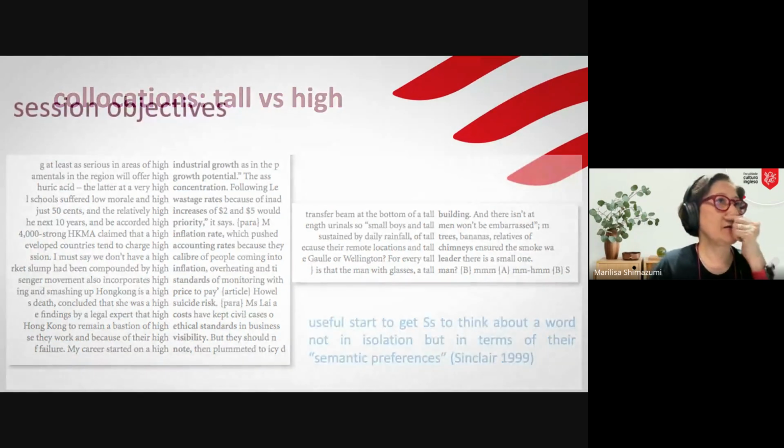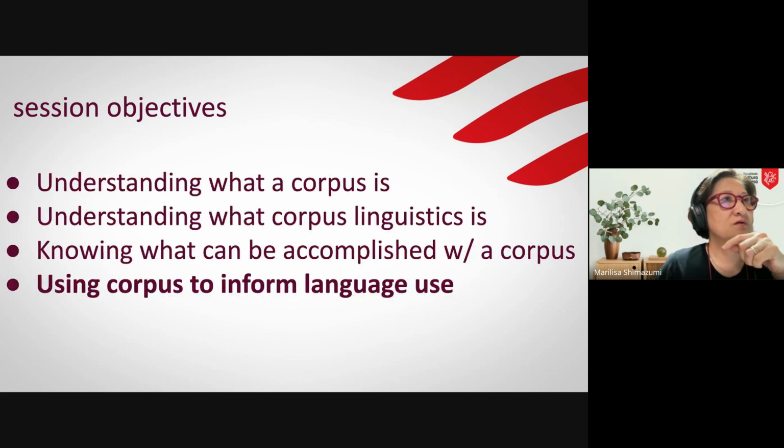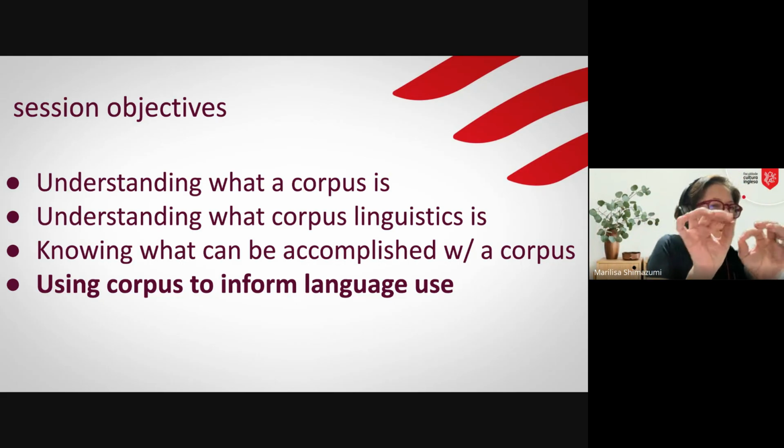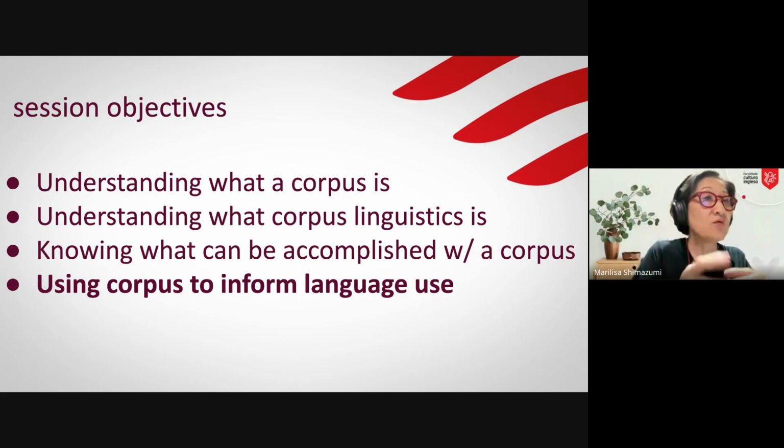Moving on, then, let me just recap here the objectives. We checked what corpus linguistics is, what it does, and I have shown you an example of the difference between tall and high and how we can show it to our students with a corpus. Now, what else? How can corpus inform language in use?